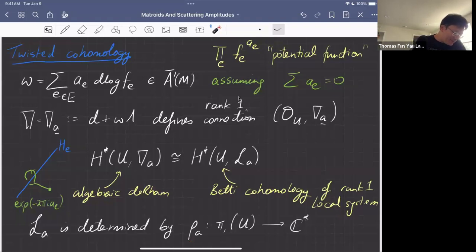It's described by the following. You have some base point, and you take the element of pi 1 where you walk up next to a hyperplane and go once around the hyperplane. I think my conventions are anti-clockwise. But anyway, you go once around the hyperplane, then this loop gets sent to this number in C star.